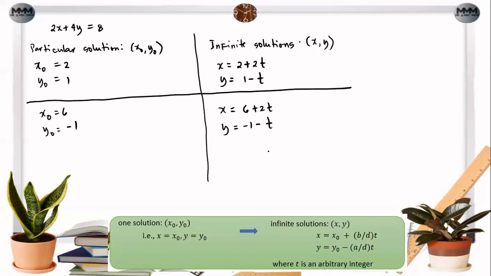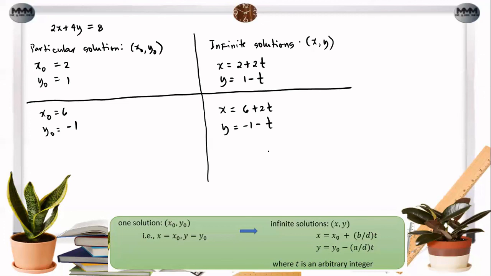I hope you know already how to determine when the linear Diophantine equation has or has no integer solution. Also, how to find the infinite solutions. Lastly, I hope this video lessens your confusion in finding the infinite solutions of the given linear Diophantine equation.